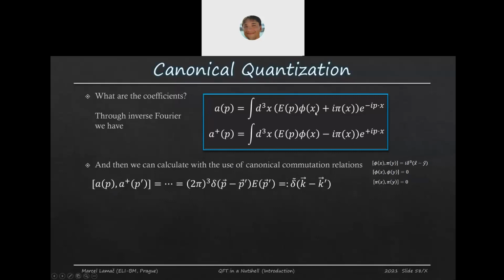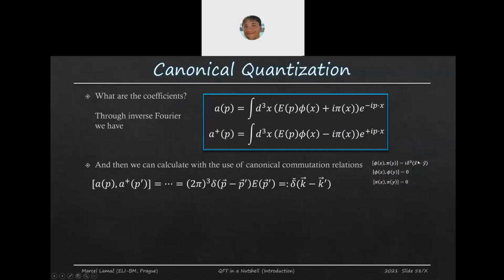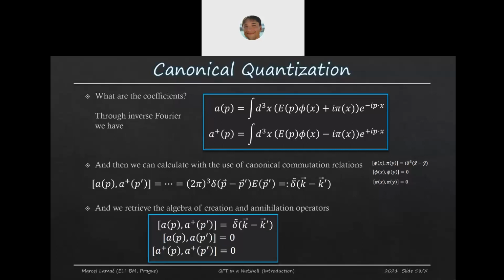If we're multiplying the fields, we get zeros. If we're multiplying the pi's, then in the commutators we will get zeros. If we get the products of pi's and phi's, then we will get delta functions. So there are two integrals. One will go away, and in the end we will arrive at the following algebra that these operators must satisfy.